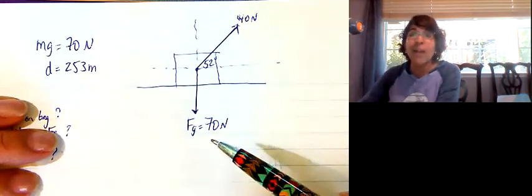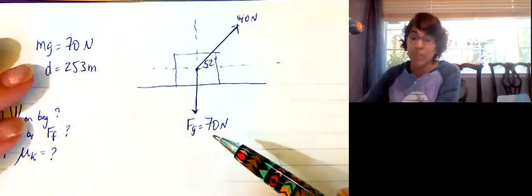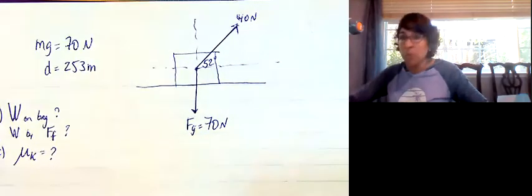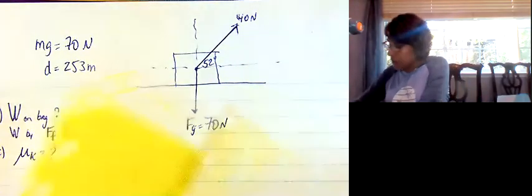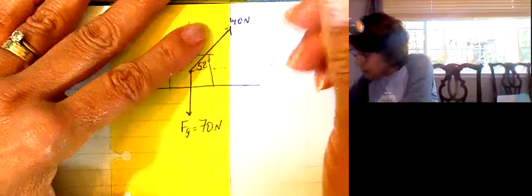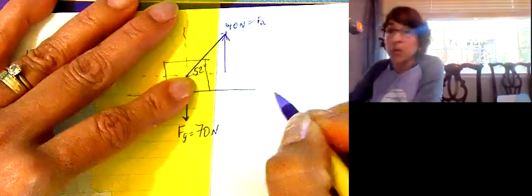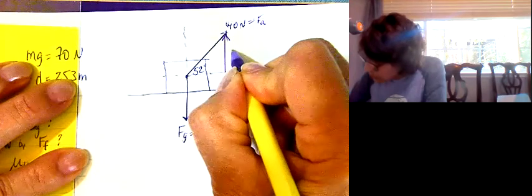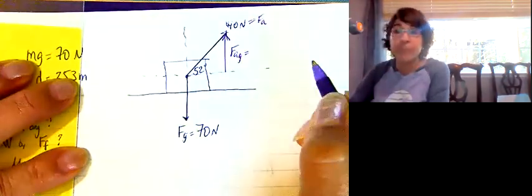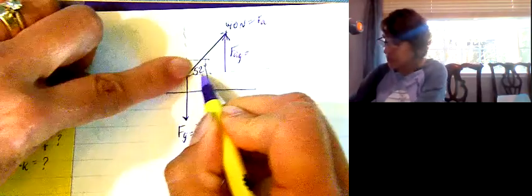So now we need to draw the component vectors, always the component vectors. So let's do that. I'm going to draw the y component going up. So this is the applied force. In the y direction, the force applied is going up, and we see that it's opposite to the 52 degrees.